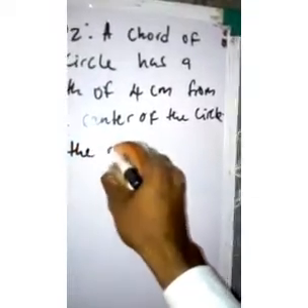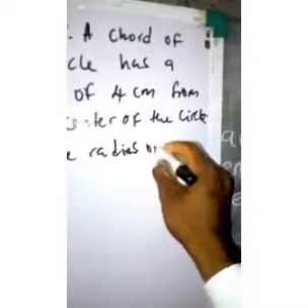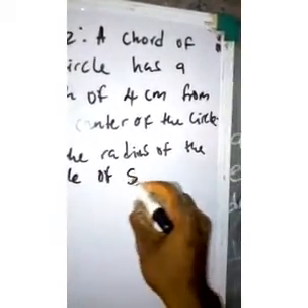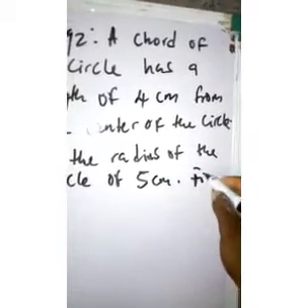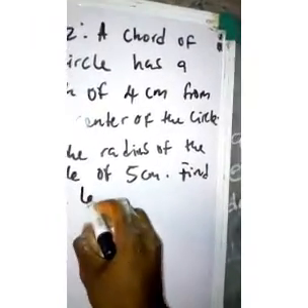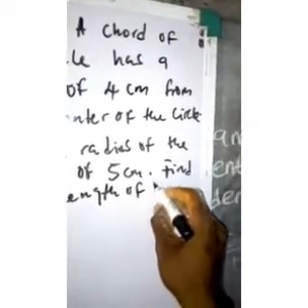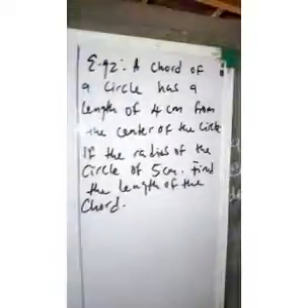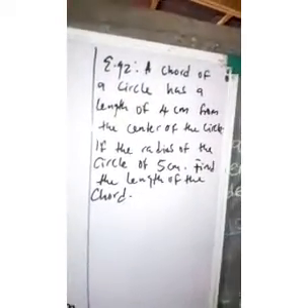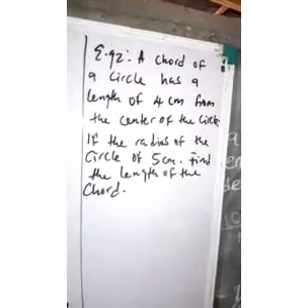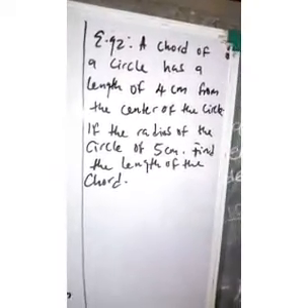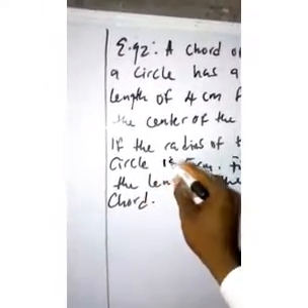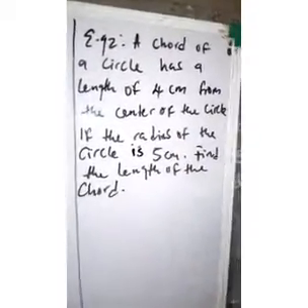If the radius of the circle is 5 cm, find the length of the chord. Find the length of what? The chord. Now watch the question. A chord of a circle has a length of 4 cm from the center of the circle. If the radius of the circle is 5 cm, find the length of the chord.